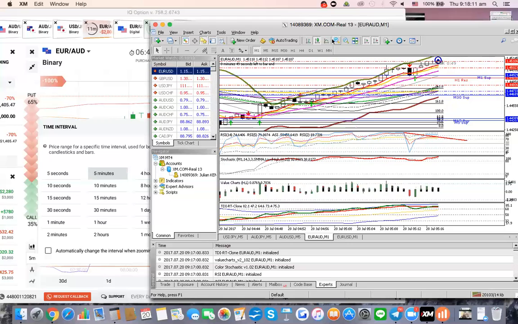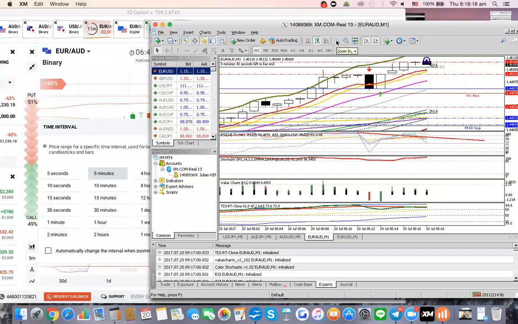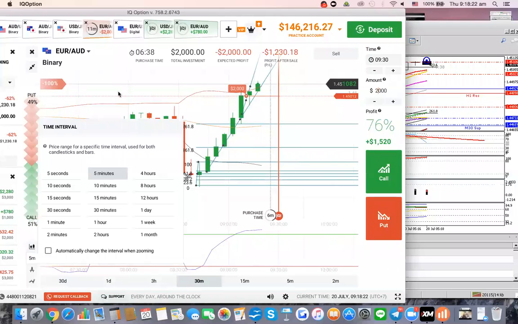Actually, I think we could be better off at selling and making a re-entry. Let's hang on for a bit. Sell rate is actually quite remarkably good.